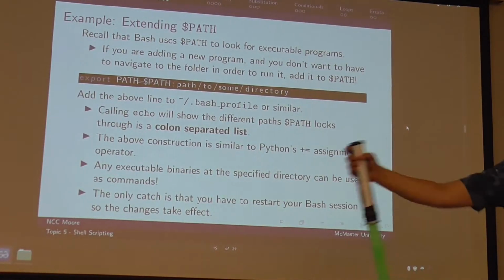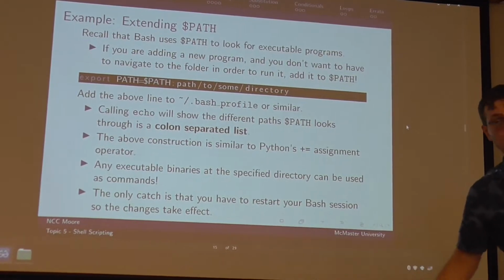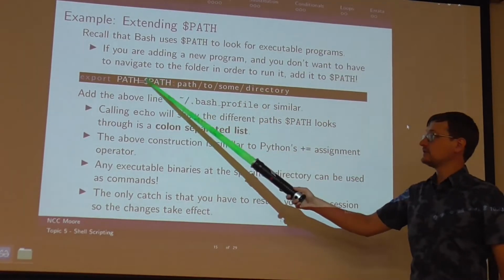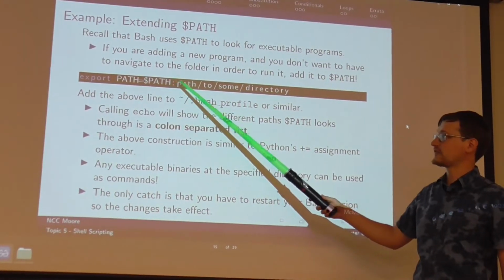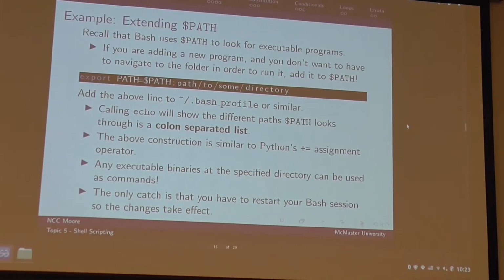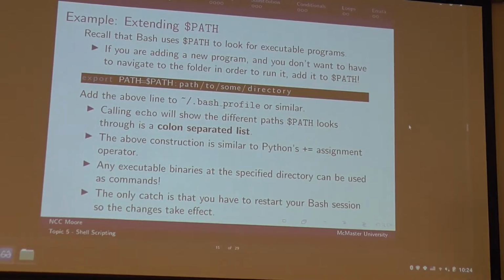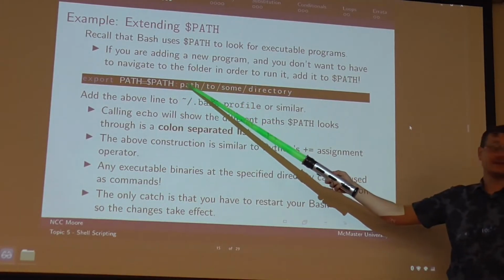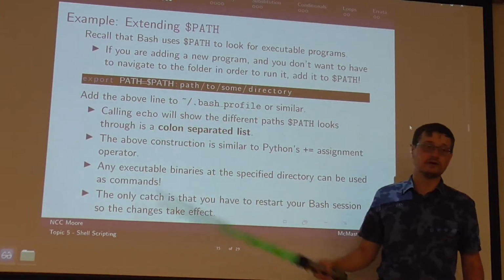That extends the definition of path with the new path, right? If you didn't include this bit, you would overwrite path to be just this directory. So you could actually seriously damage your computer by not including this bit right here.